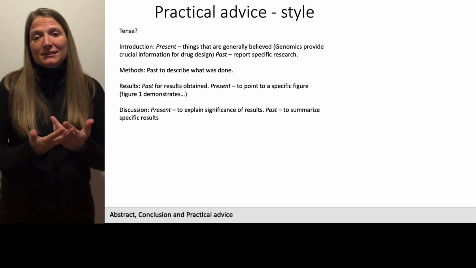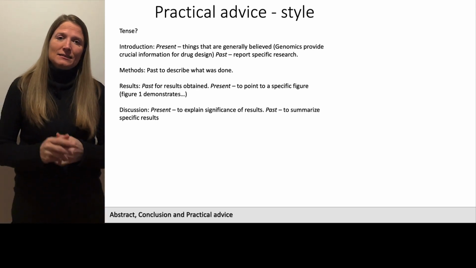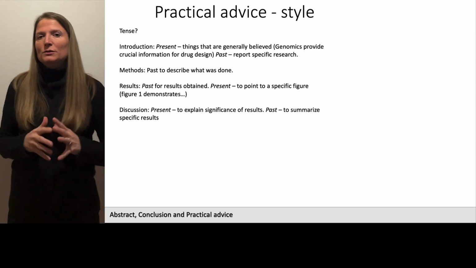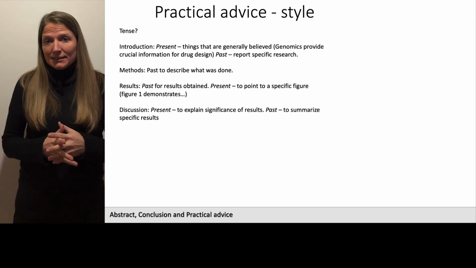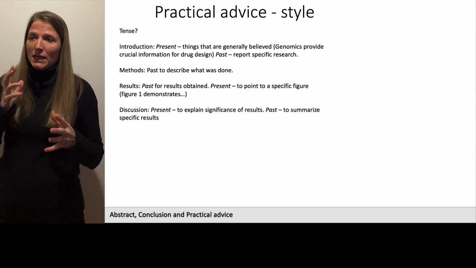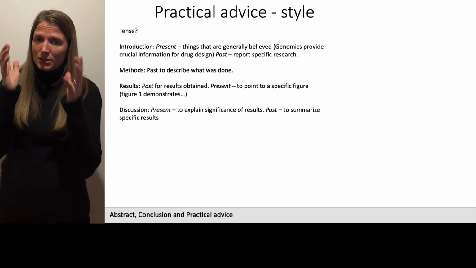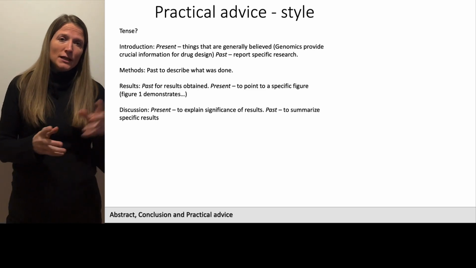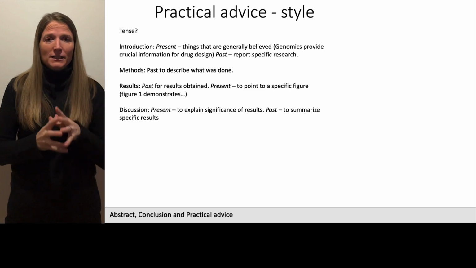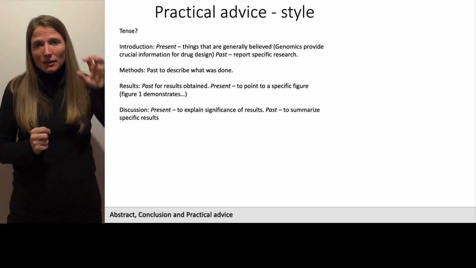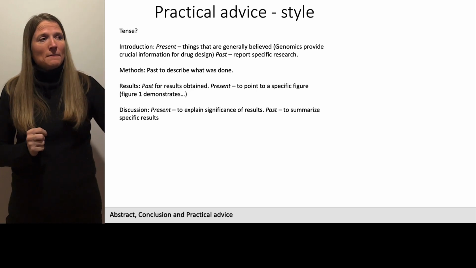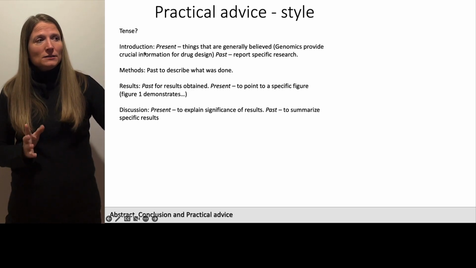Now, let's go to some practical advice that does not belong only to one specific section. The tenses are a topic in themselves. I have put a very nice overview in the next page. The summary of this here is in the introduction.